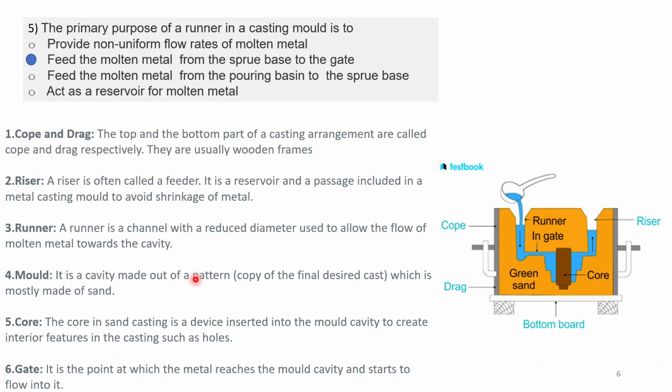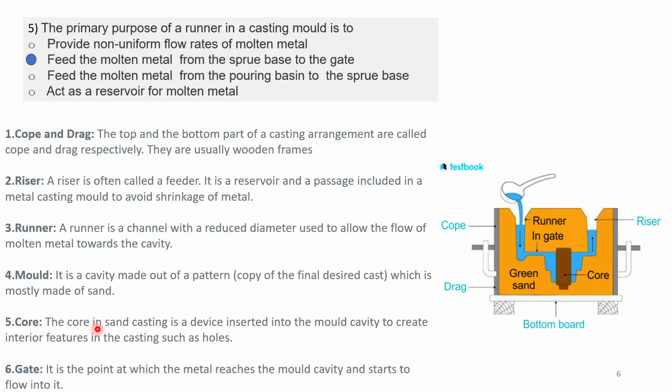After removing the pattern, you will have an empty space where the cavity is formed. That cavity will be filled with molten metal, and after solidification it will give you the casting. So it is a cavity made out of a pattern, which is mostly made of sand, and the copy of the final desired cast, this will be the pattern.